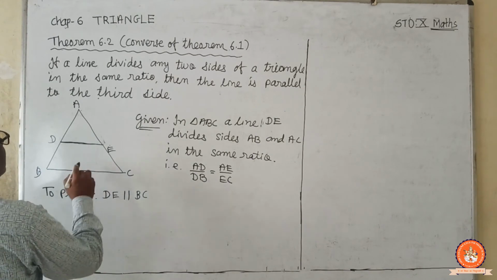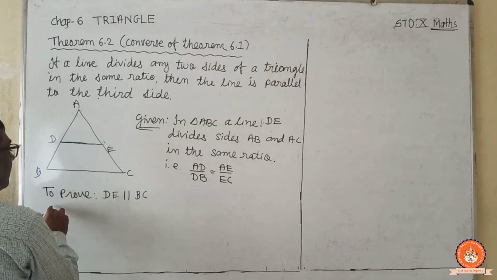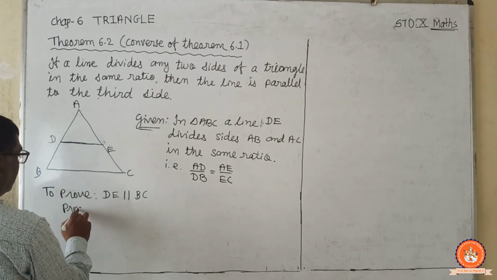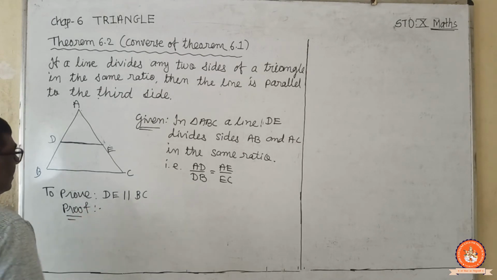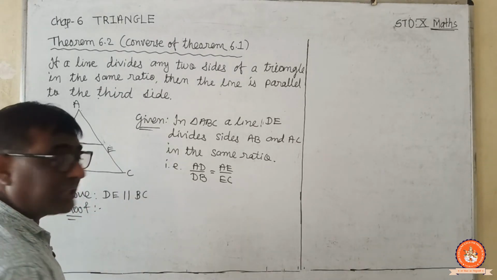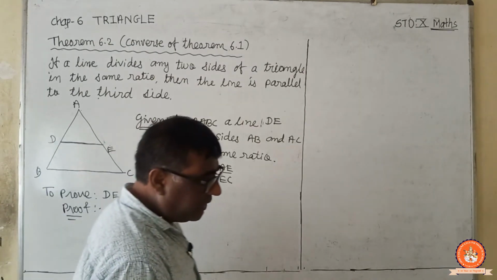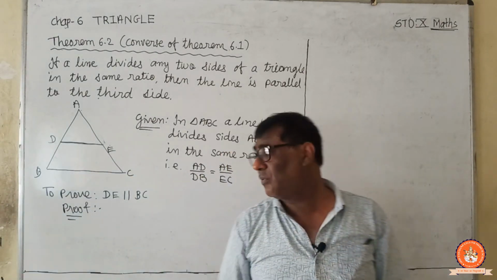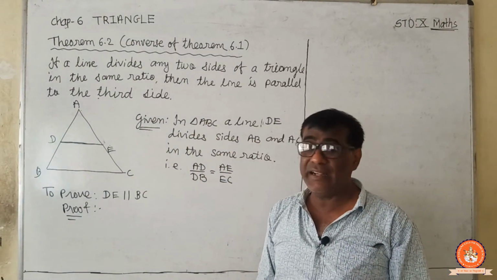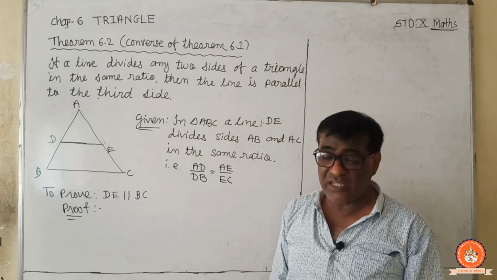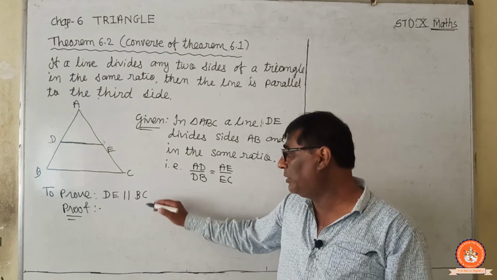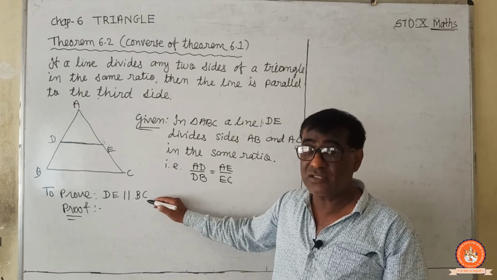Now proof. We have to think converse. We have to give the proof as an indirect proof in which the sentence to be proven does not hold.